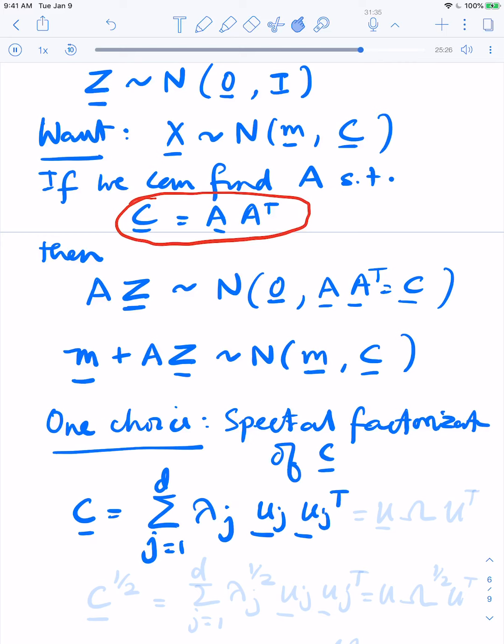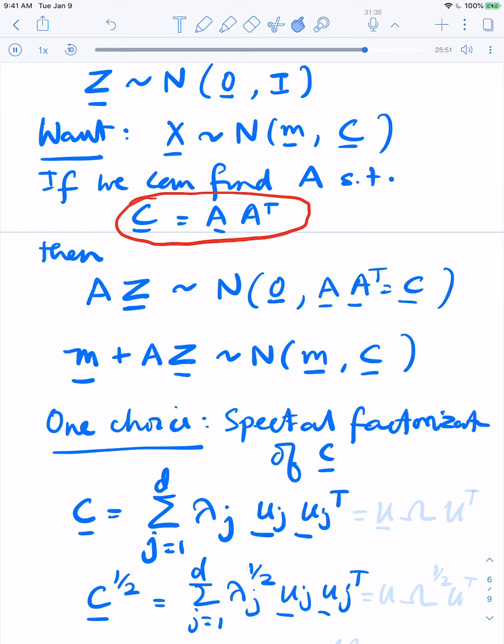So if I want to take, say, the square root of the covariance, that pretty much boils down to, not exactly boils down to, taking the square root of the eigenvalues and then having the u_j u_j transpose terms as before.